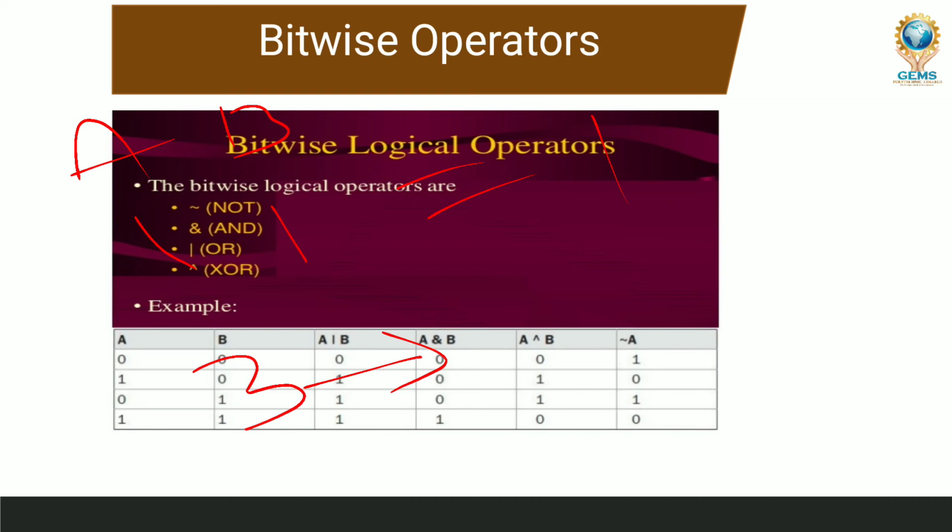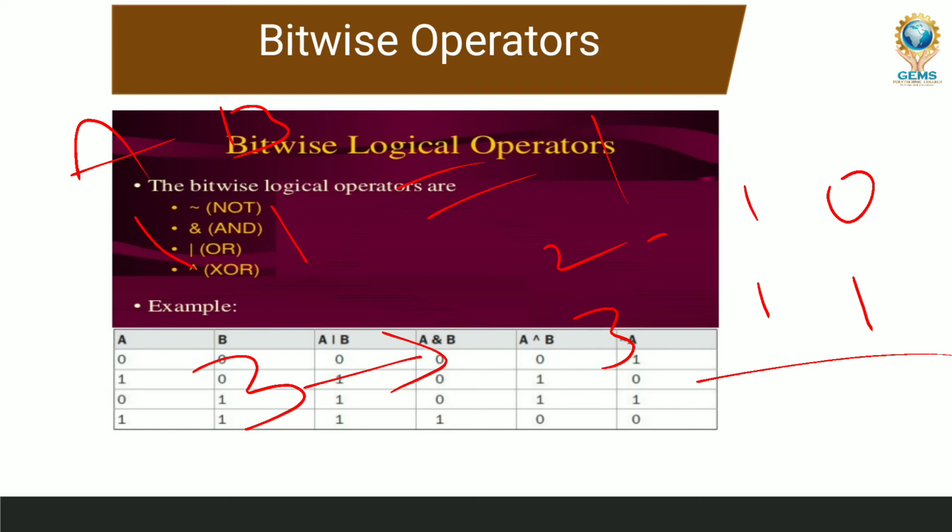The 2 value is 1 0, and the 3 value is 1 1. If we add this normally, 0 plus 1 gives 1, and 1 plus 1 gives 0 with a carry. That is the actual answer we would get.